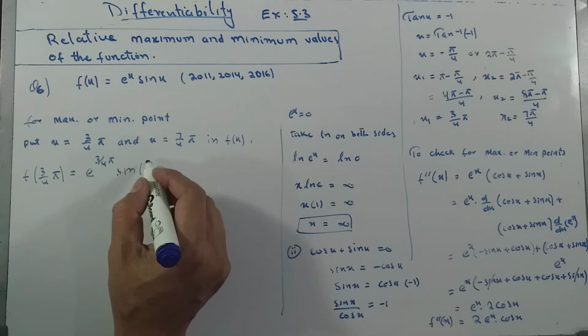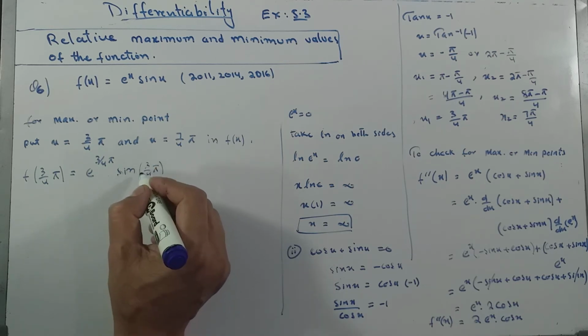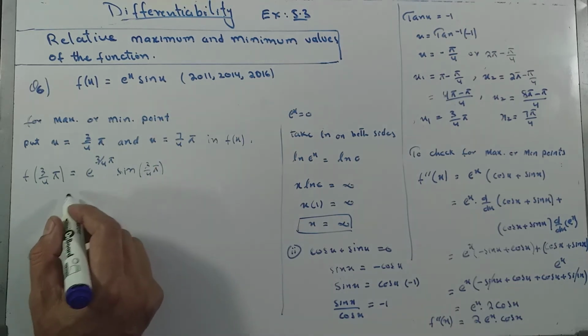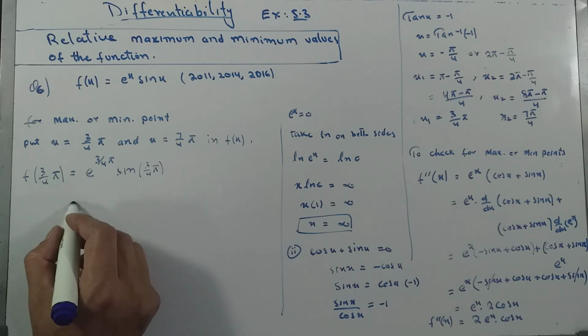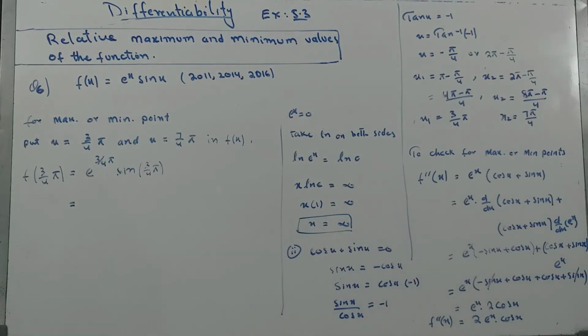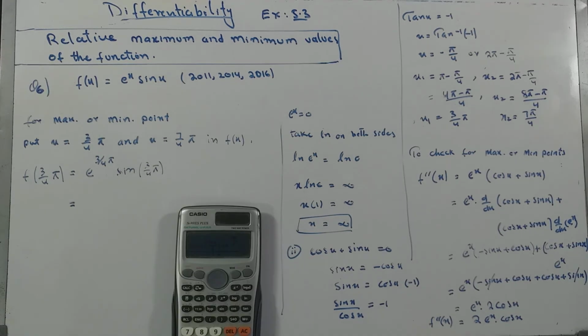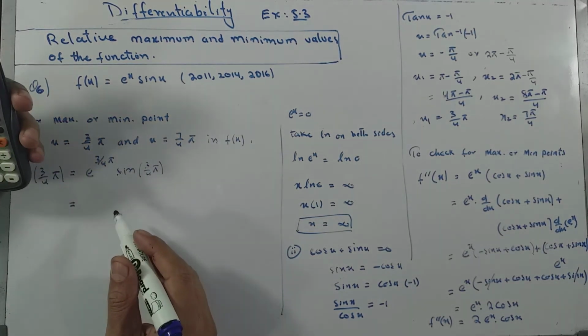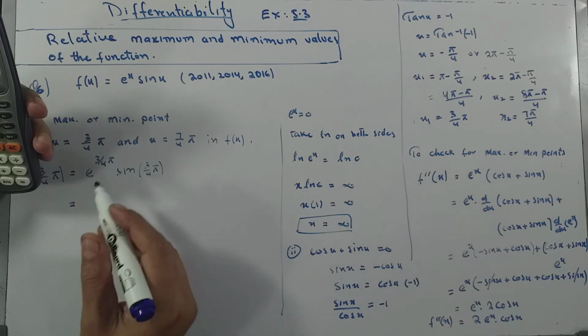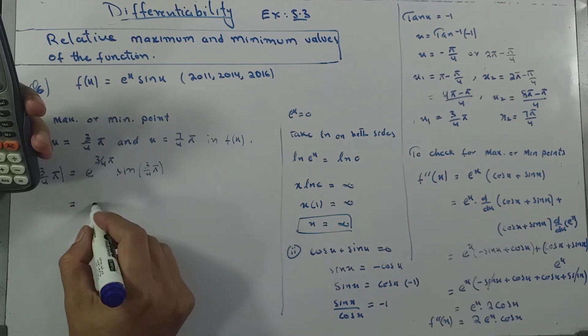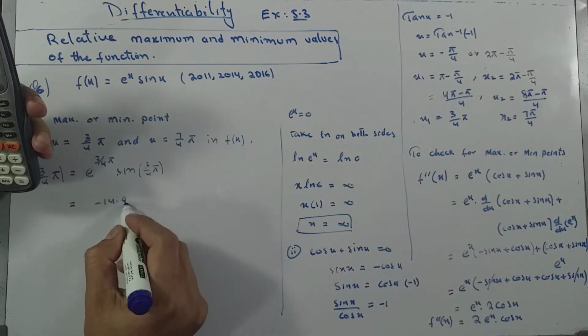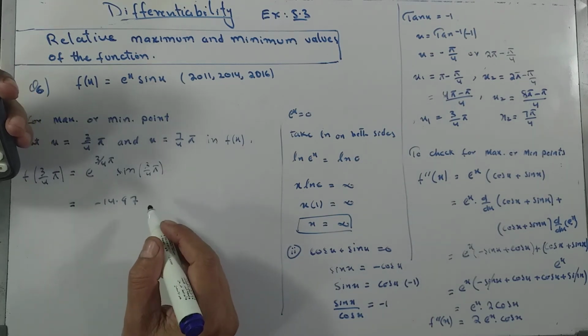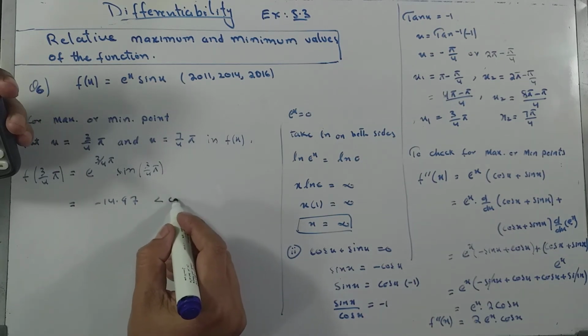Now we can find this value here. This is equal to minus 14.97, so it is less than 0.